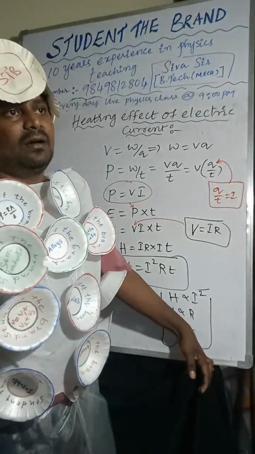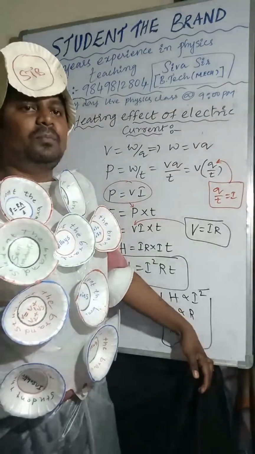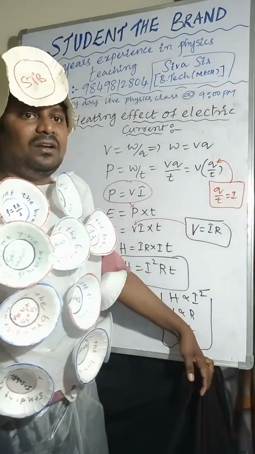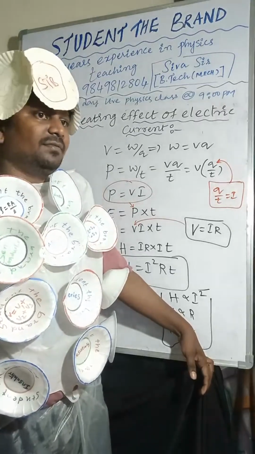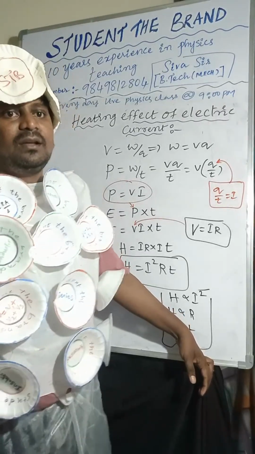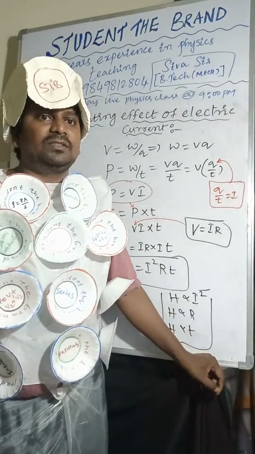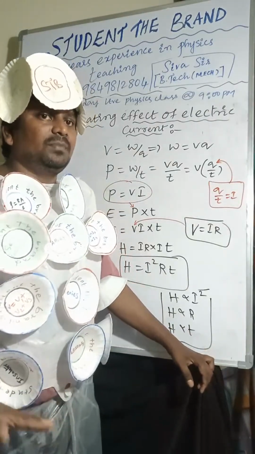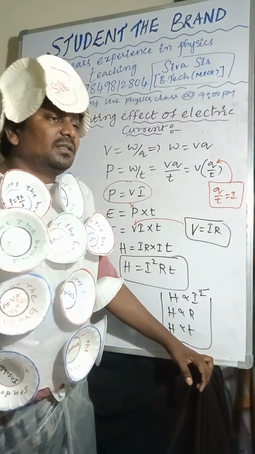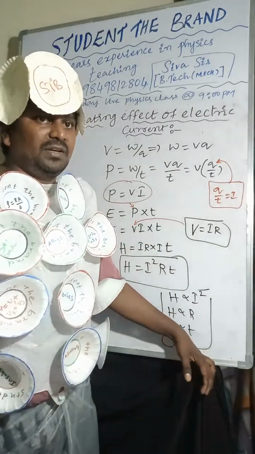And next, factors that depend on resistance. And coming to finding the electricity bill, they will also ask questions. So related to this chapter, these questions are very, very important.